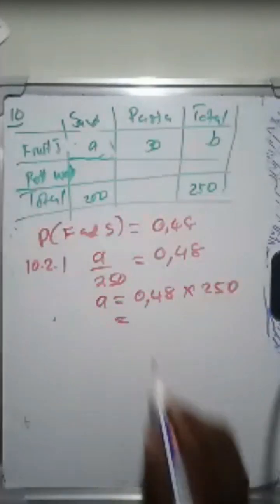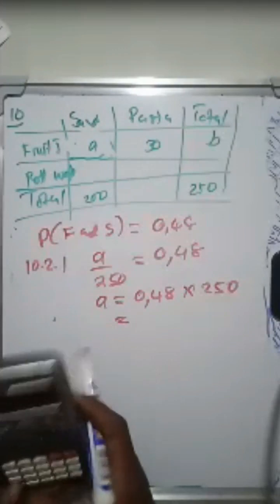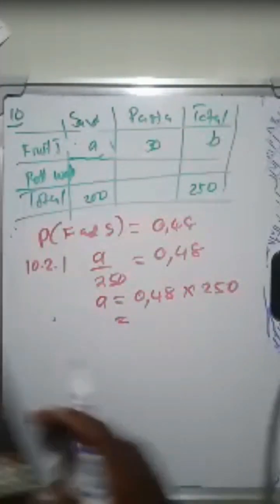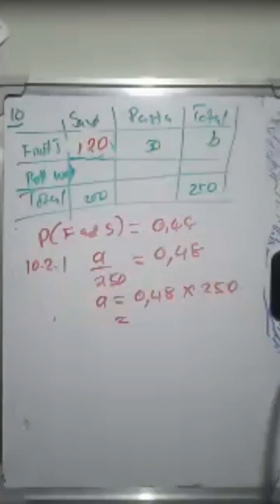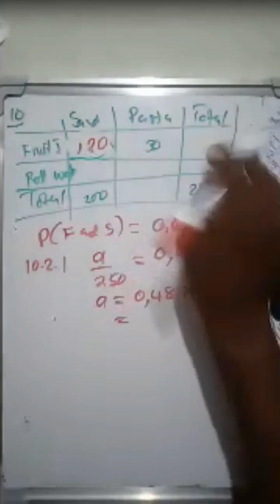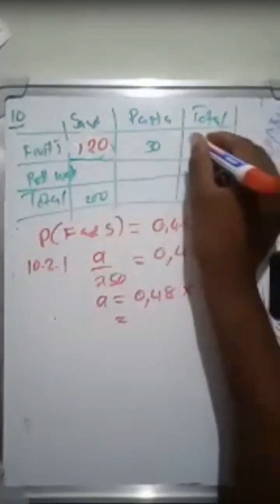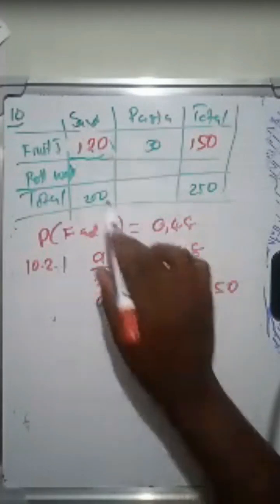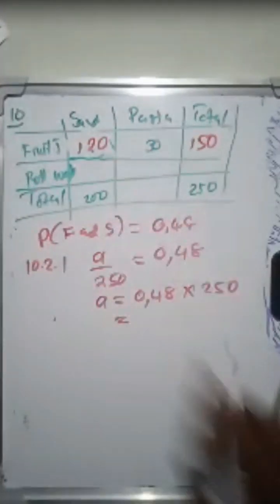Then what do we get? 0.48 times 250, you get 120. Okay, so it means A there is 120. Okay, so that is simple. 120 plus 30, what do we get, Kabi? We get 150. And 200 and 250, what do we get here?